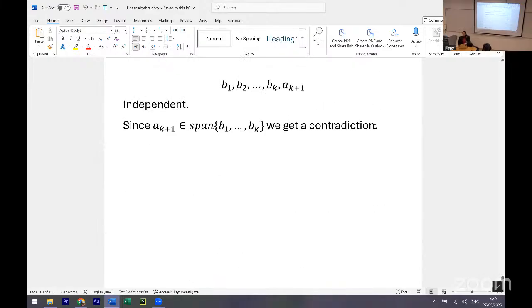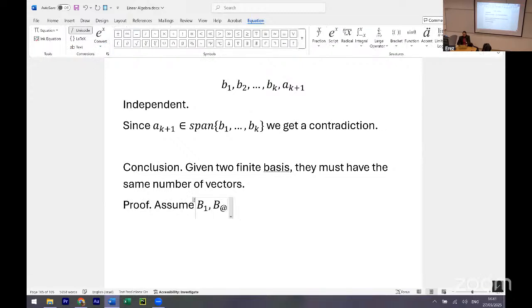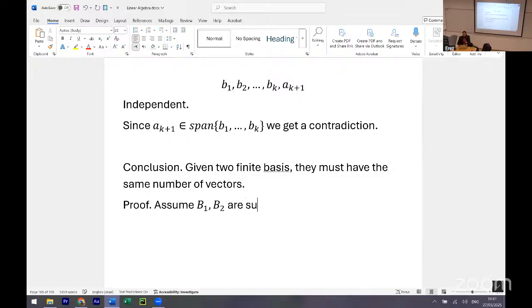Okay. And so, conclusion. Given two finite bases, they must have the same number of vectors. Proof. Assume B1, B2 are such bases.